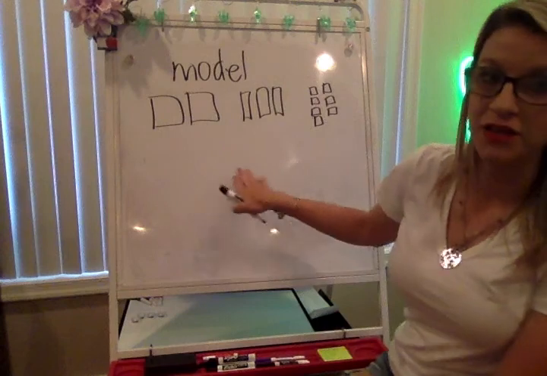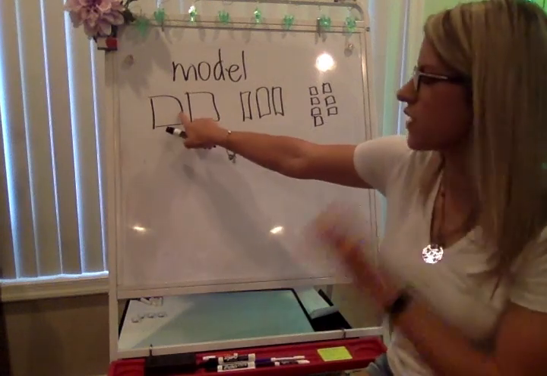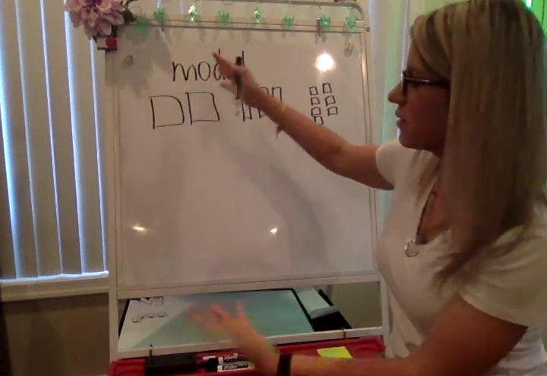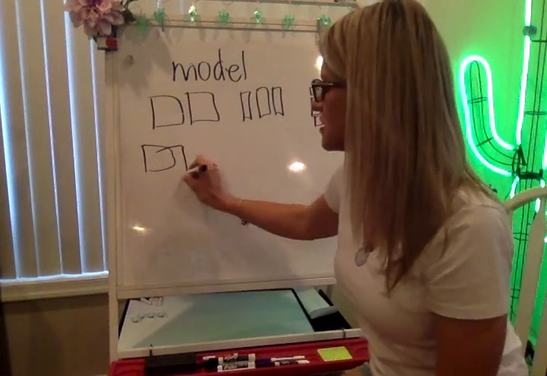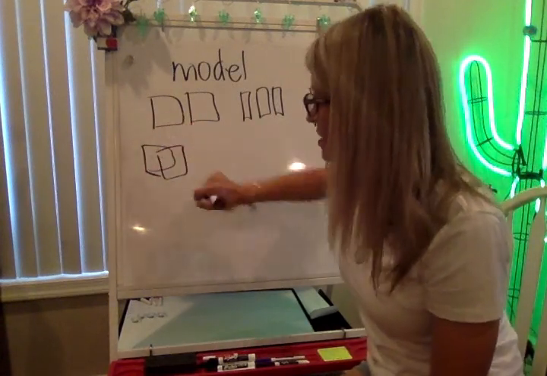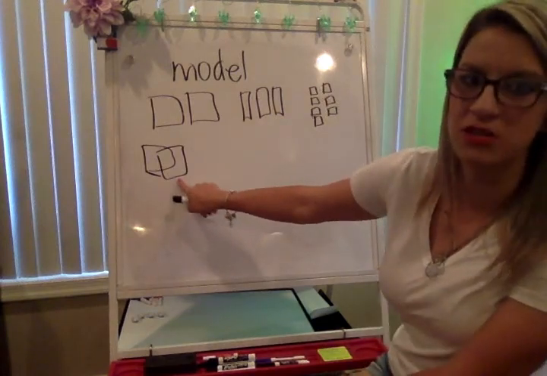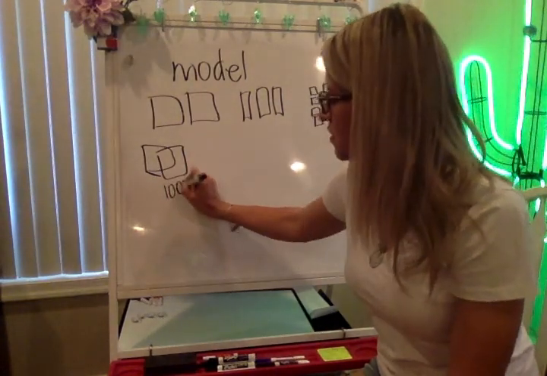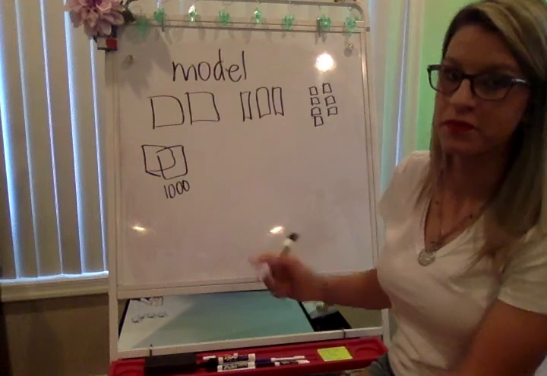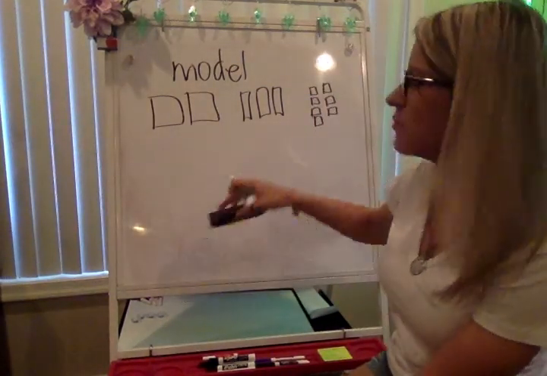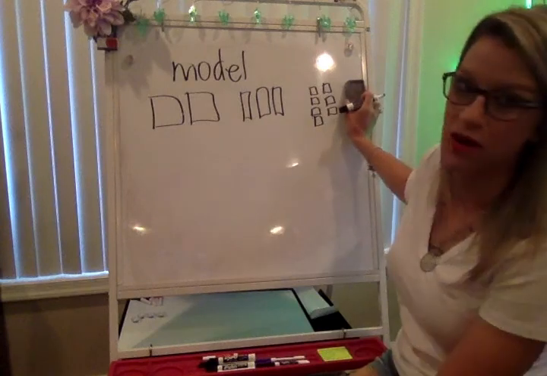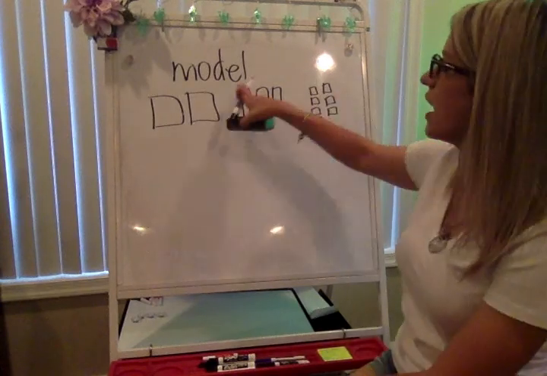You could model it looking such as this. These are representing those big blocks. There would be a model that would be used for thousands, and I'm not super awesome on making this, but this would be the representation for 1,000. In second grade, we don't use that, but that's something that you can know and just kind of file away in your brain. So model.